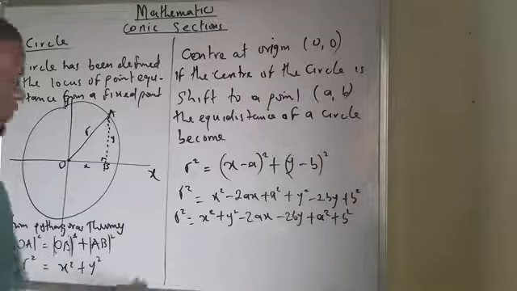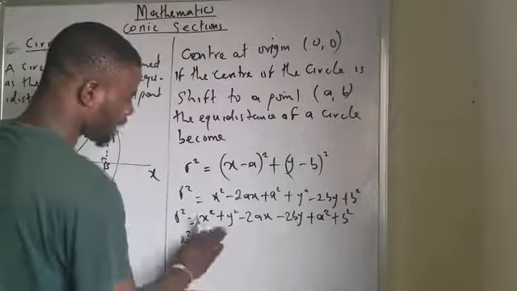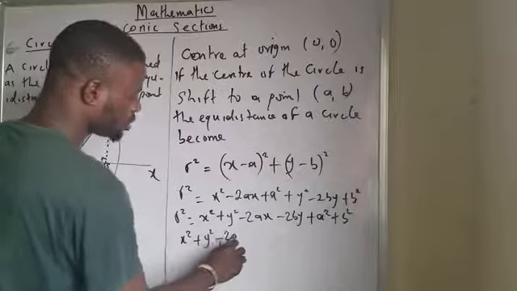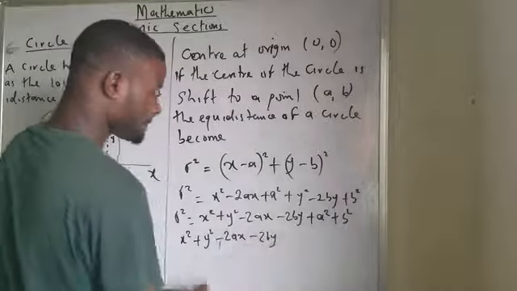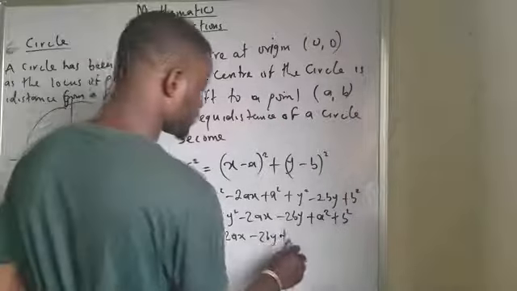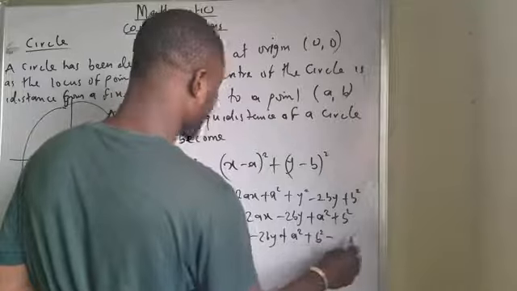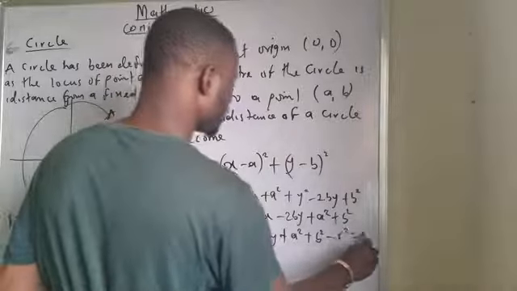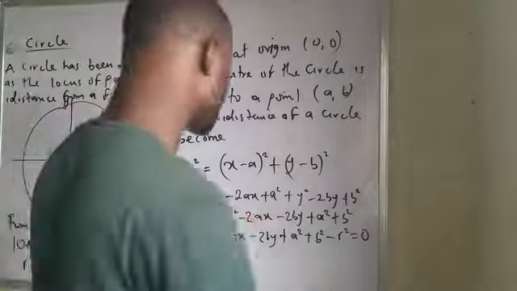Before I go to the second, I can say that x squared plus y squared minus 2ax minus 2by plus a squared plus b squared minus r squared equals 0. Now, I'm taking my r to leave it there.